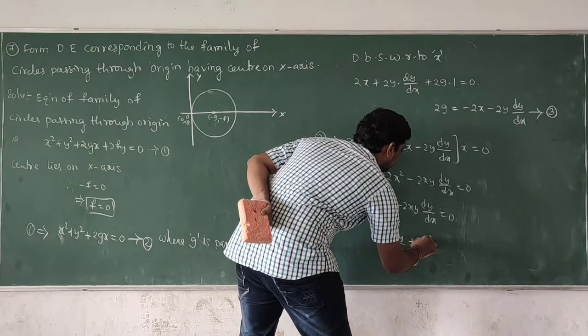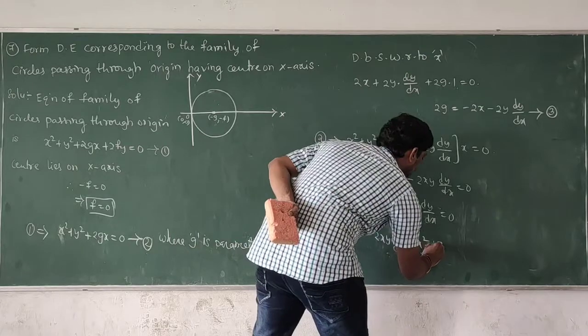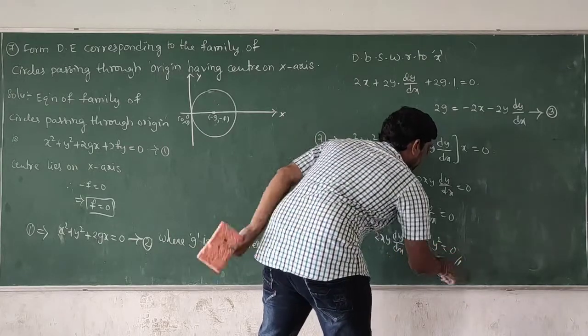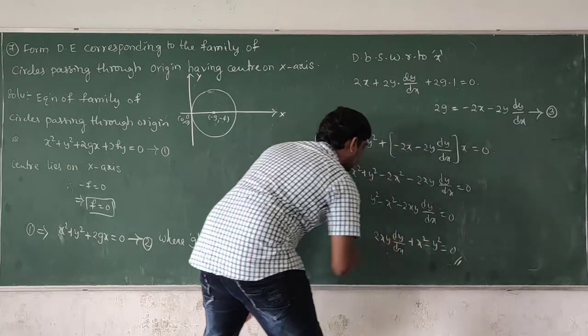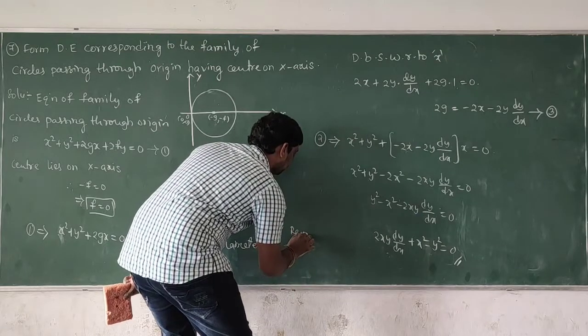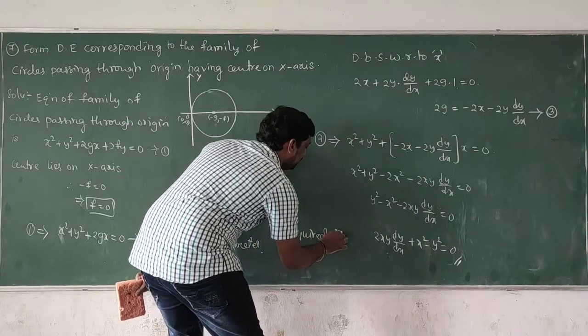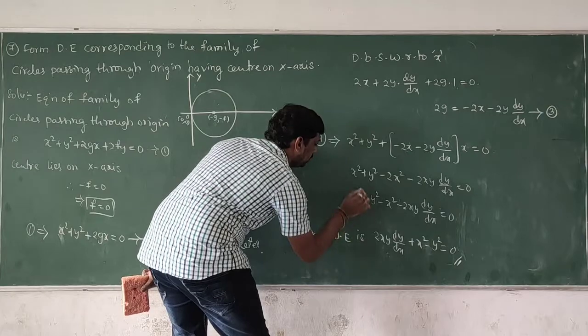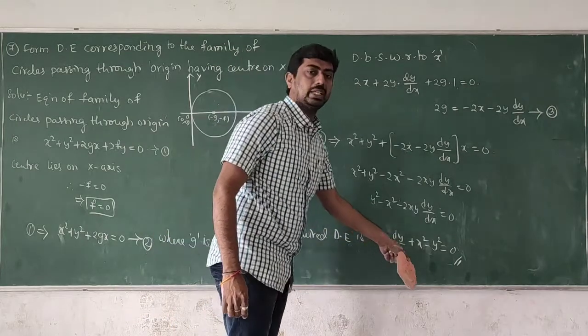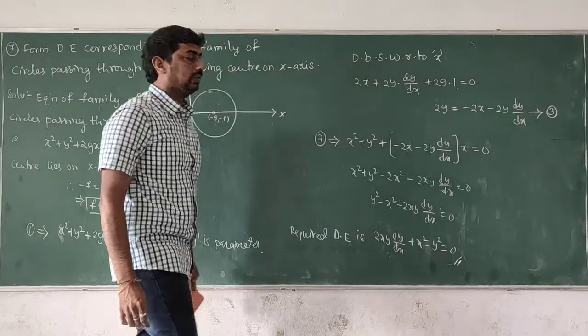This is the required differential equation: 2xy into dy by dx plus x square minus y square equals 0.